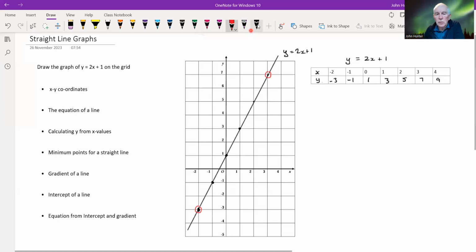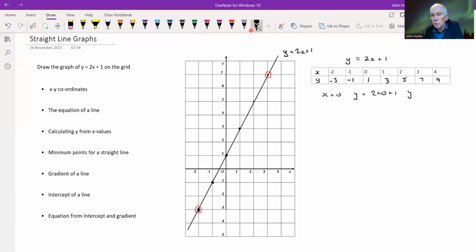We could actually look at the 0 points as well, because they're fairly easy to calculate. So when x equals 0, for instance, y is going to be 2 times 0 plus 1. So y equals 1. So that's that point there, that one.